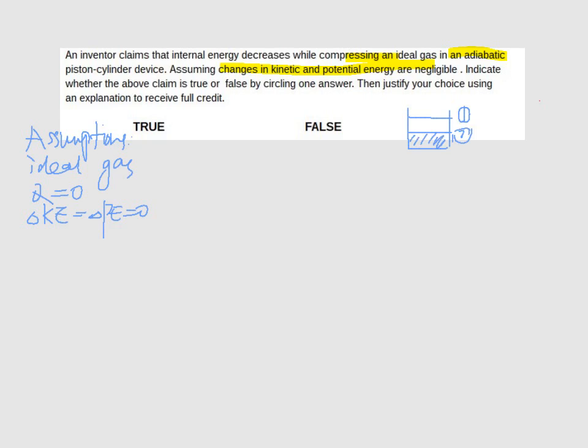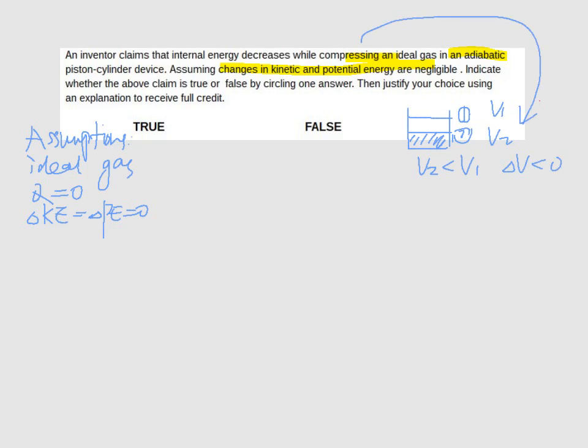So this is state 2. So V2 and V1. From this diagram, we can tell that V2 is smaller than V1. So the change in volume is smaller than zero. Okay, so this is what we get from this compression.